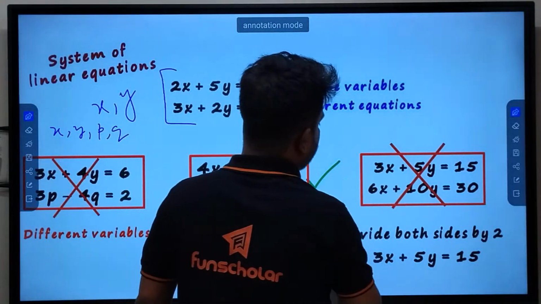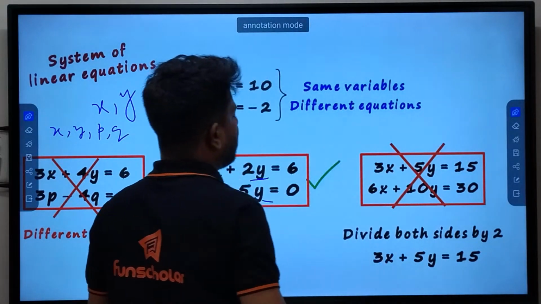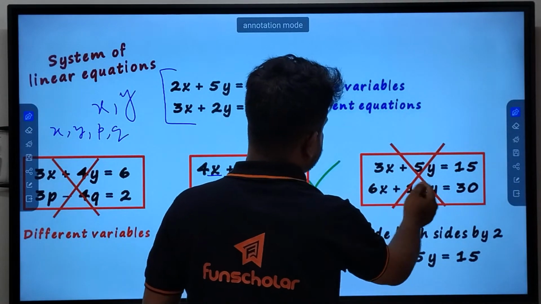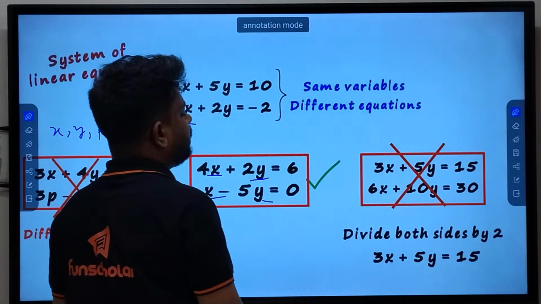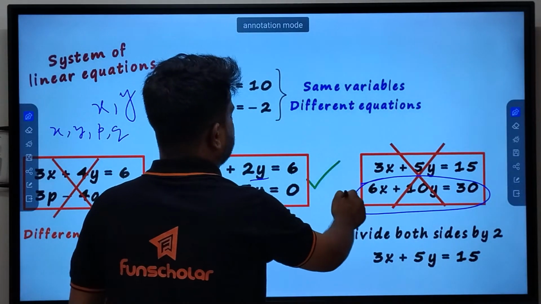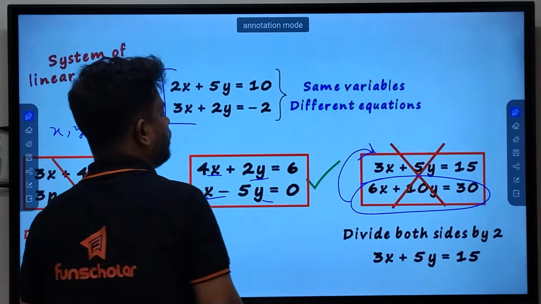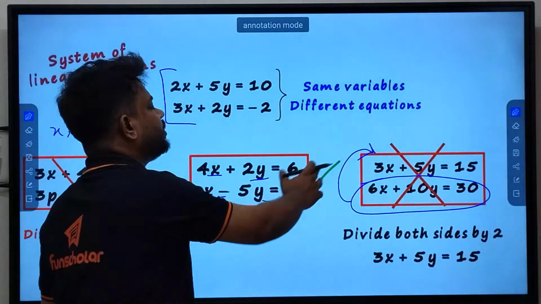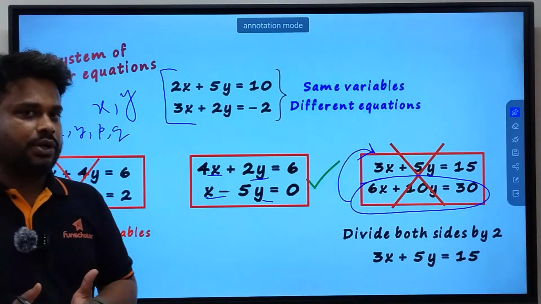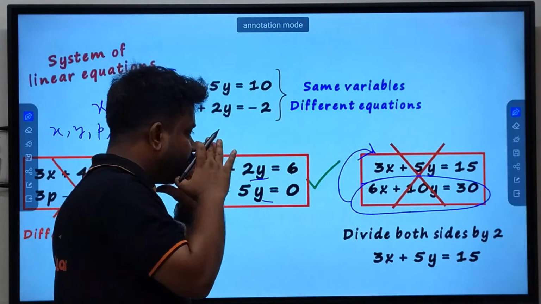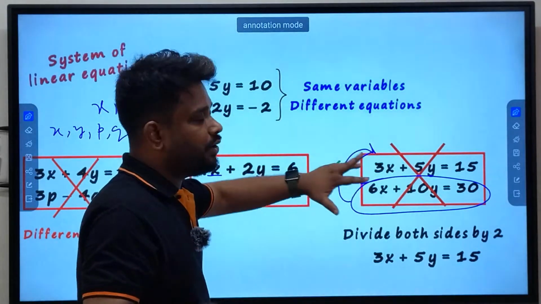And here we have another example: 3x plus 5y equals 15 and 6x plus 10y equals 30. But if you divide the second one by 2, the same equation comes again. So these two equations are essentially the same equation, and we are not getting the sufficient condition.